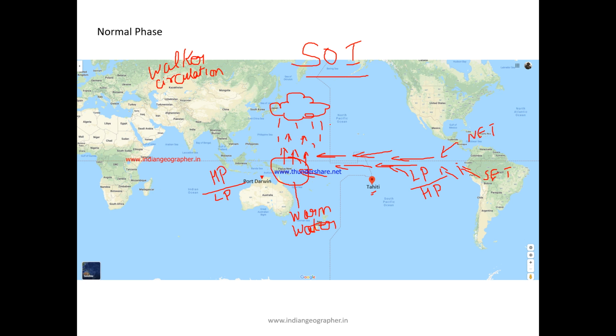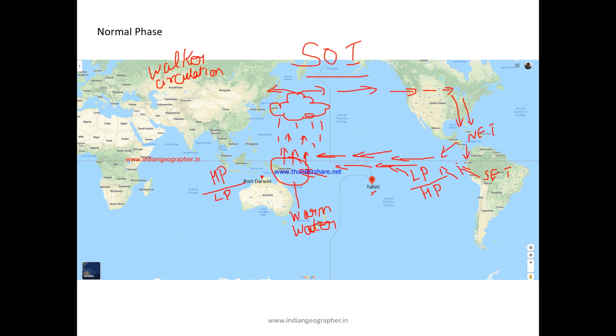This is the normal situation, and as the air rises up it cools down and starts diverging away. So there is anticyclogenesis here. The air that moves in the upper regions then slowly descends as dry air in the eastern Pacific, along the coast of South America.